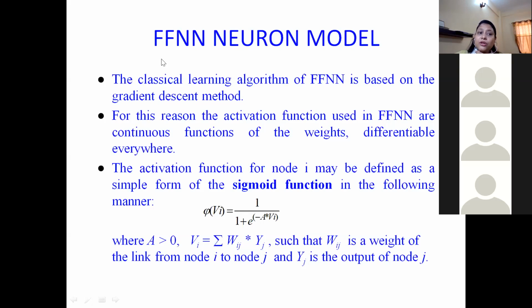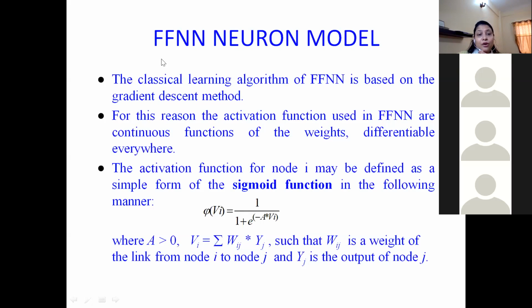If it is a continuous function, we know that it can be differentiable everywhere, right? To avail of this nature, to differentiate those activation functions on the neuronal dynamics everywhere, we need this gradient descent method.